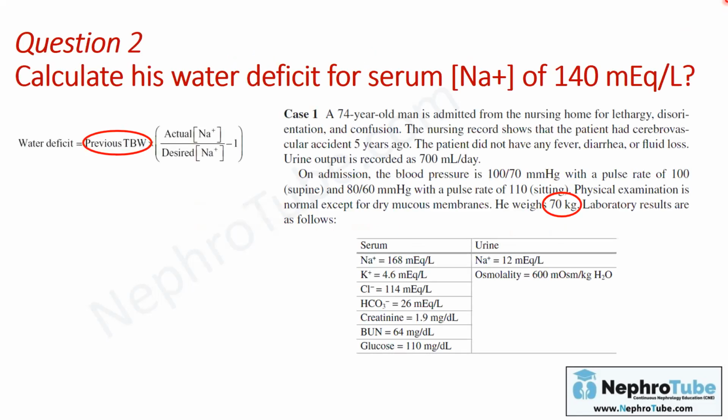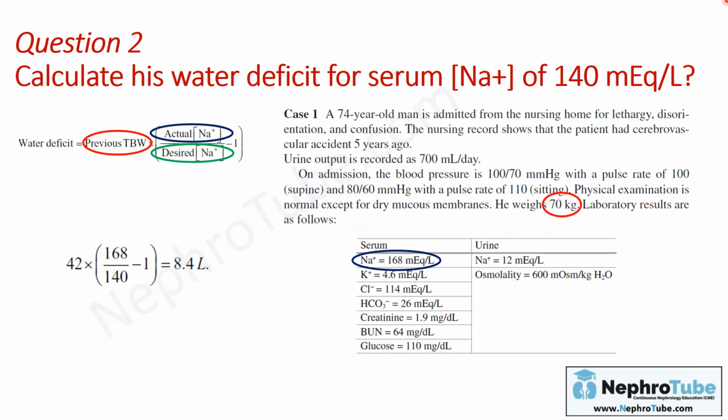Back to our patient, let's apply this equation on him. The actual sodium of this patient is 168. The desired sodium, as I said, may be 140. Some texts say that it may be 145. Actually, I will use here 140 milliequivalent.